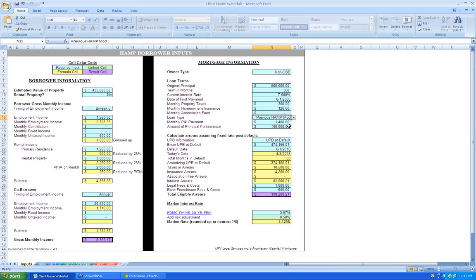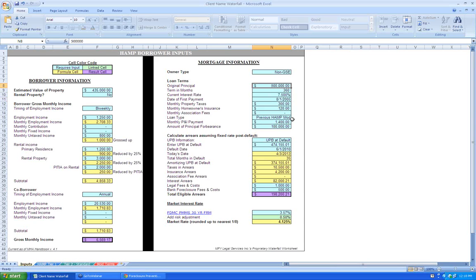I'm also going to note that for previous modifications, it'll work best if you put in the first date of payment on the modification, the number of terms in the modified loan, and the original principal of the modification.